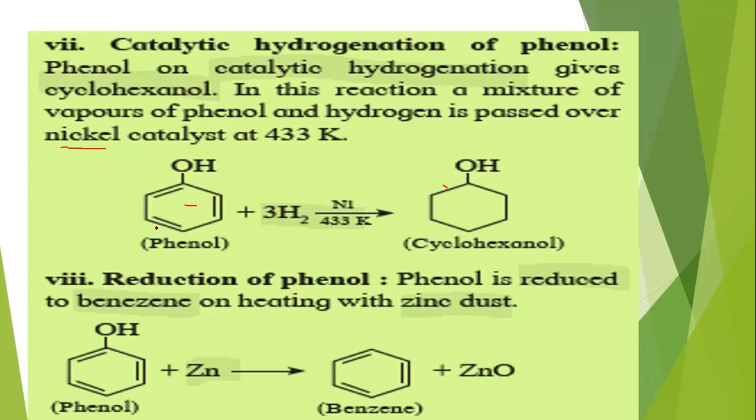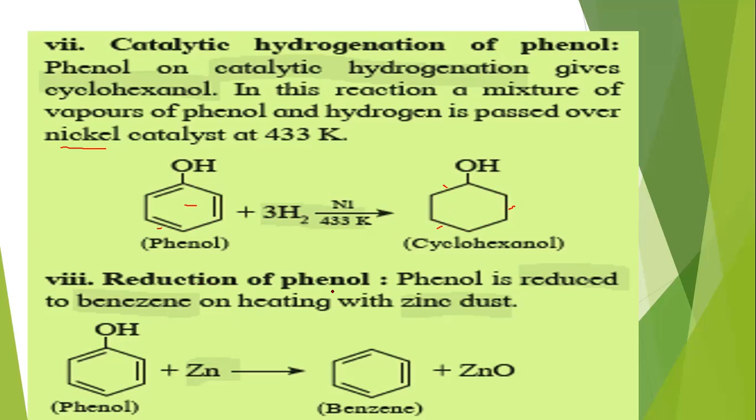All three alternate double bonds get six hydrogens added across them, and they become CH2, CH2, CH2, CH2, CH2, and CHOH. Got it? So this is cyclohexanol.